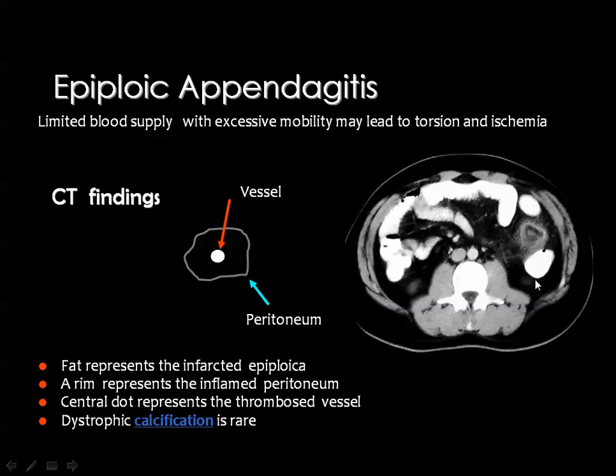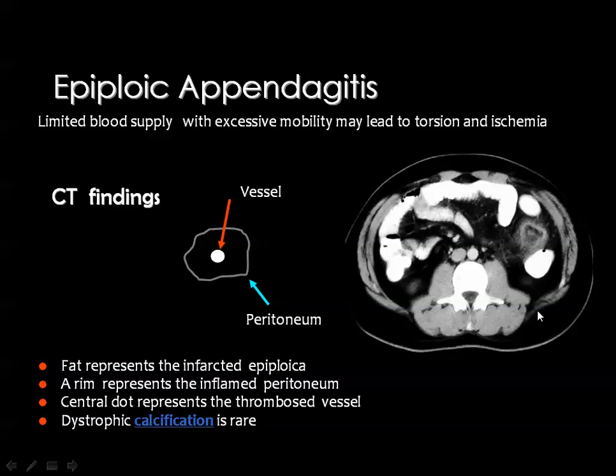There is a margin surrounding the lesion, which represents the parietal peritoneum, and this is the fat of the appendage itself, and this is the vessel which has been thrombosed secondary to torsion. Then around this lesion you can see reticulation and stranding of the fat planes.